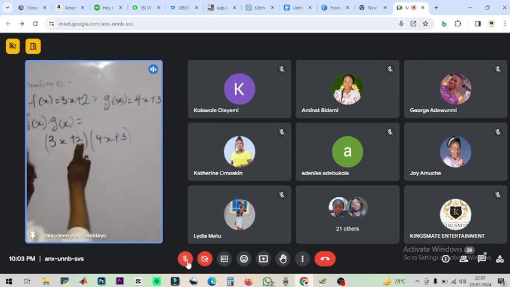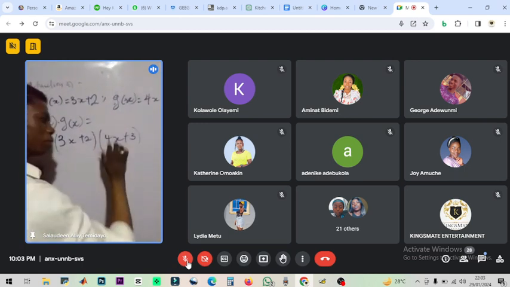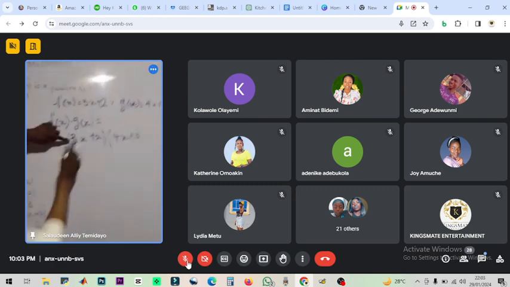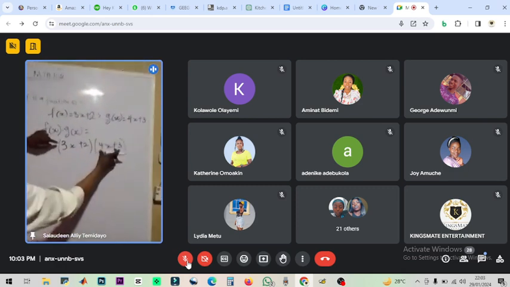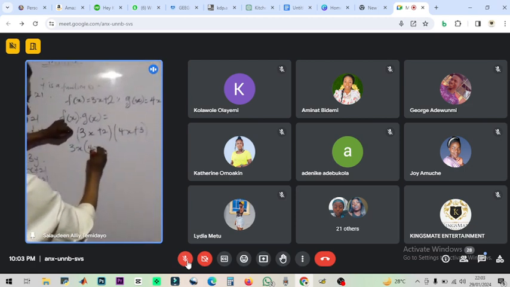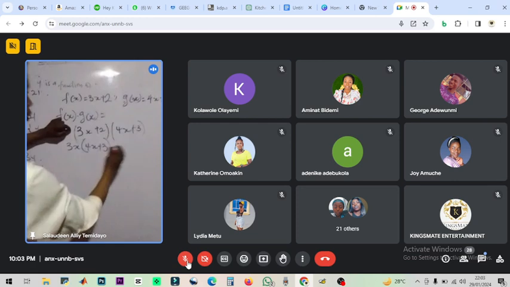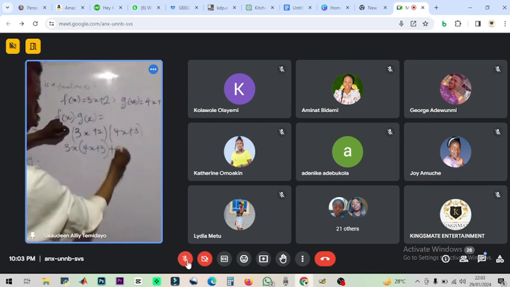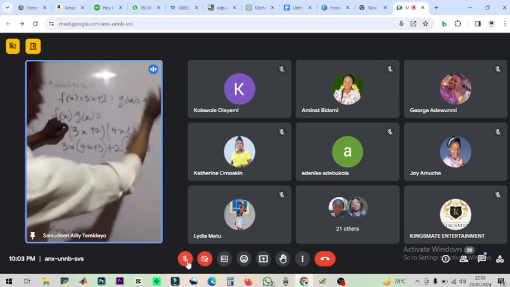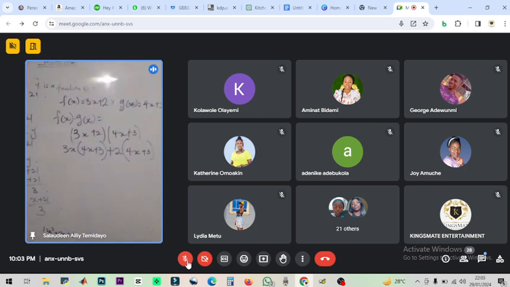Now take the second element in the first bracket to multiply all the elements in the second bracket. That's 3x multiplied by 4x plus 3, plus 2 multiplied by 4x plus 3. That is what we are doing.